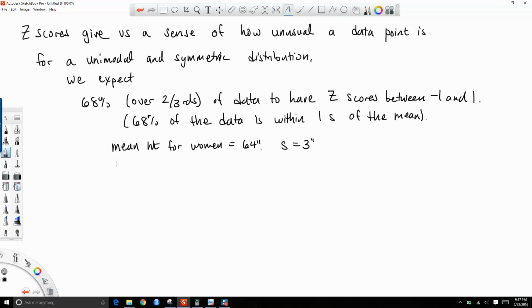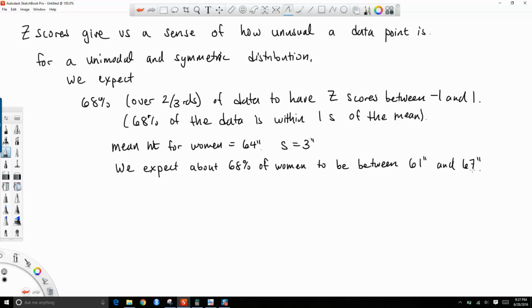So we expect about 68, about 2/3 of the women to be between 61 inches and 67 inches tall, which is 5'1" and 5'7".